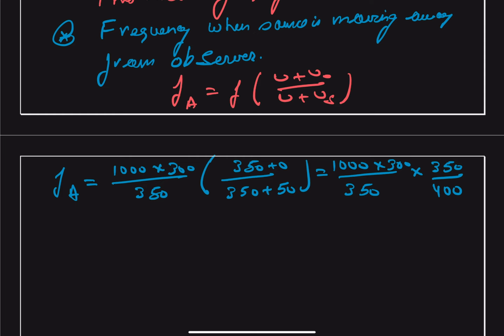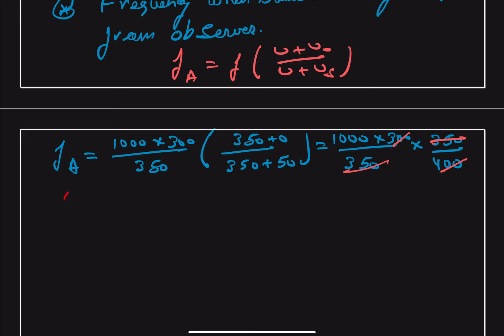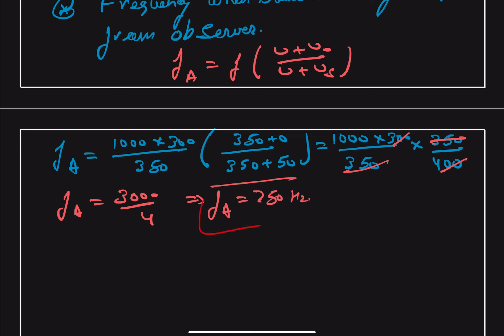The 350s cancel out, so we are left with FA equal to 3000 divided by 4, and this comes as FA equal to 750 hertz. So this is the apparent value of the frequency when the source is moving away from the observer.